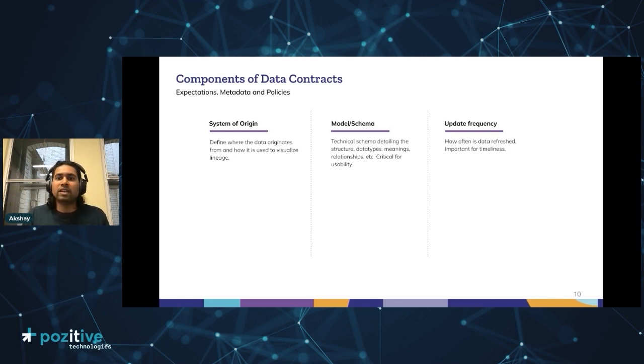Having these kinds of conversations with your consumers in the beginning of the data product lifecycle is very important, because that's what will also determine your implementation details.